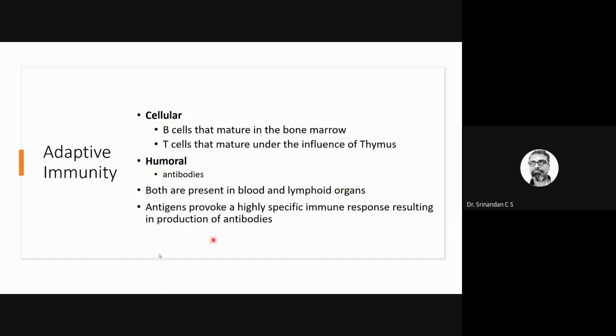And what provokes them is antigens. Antigens provoke a highly specific immune response, resulting in the production of antibodies. I'll tell you more about this. Importantly, the antibodies are essentially proteins present on the B cells, just like a receptor, and even freely they are present, and they will go bind to antigens.